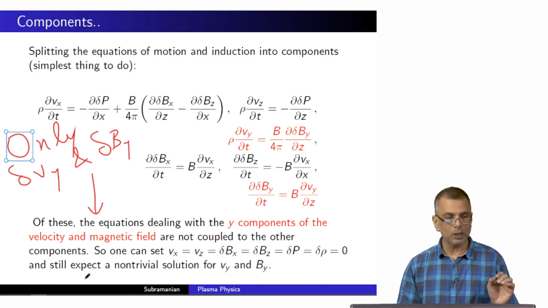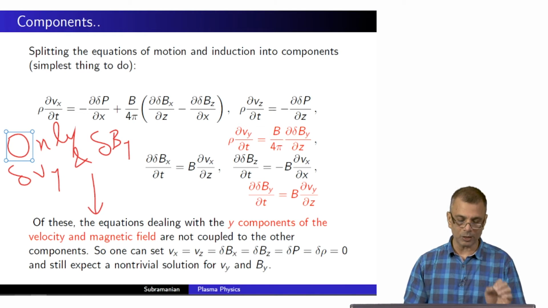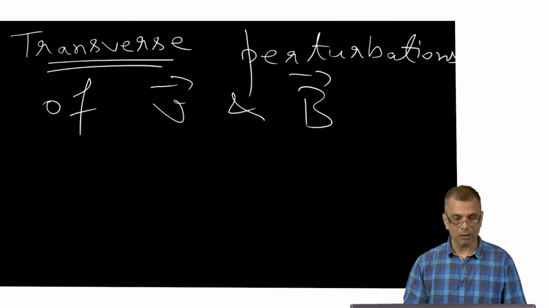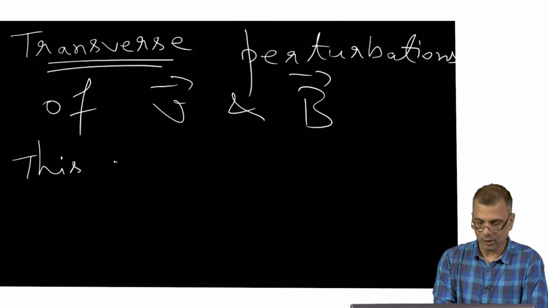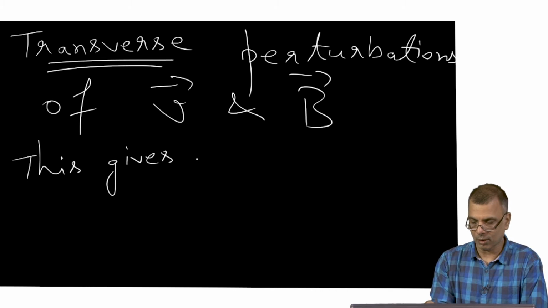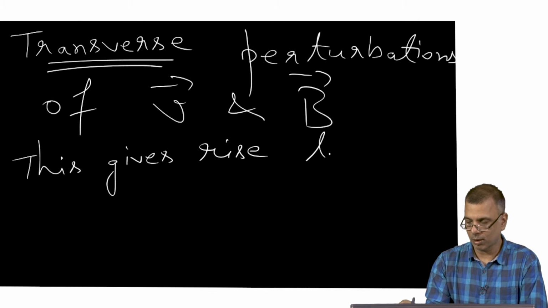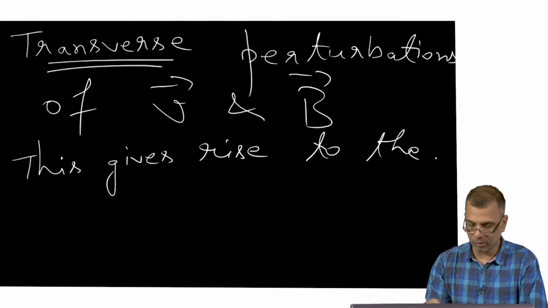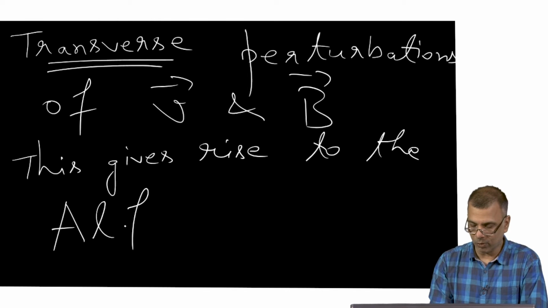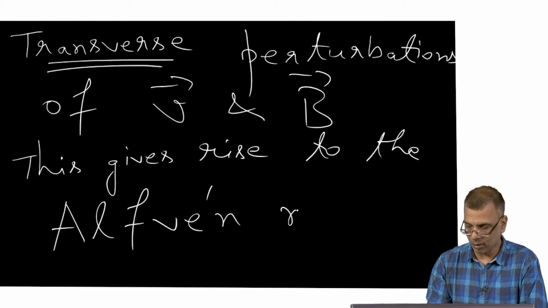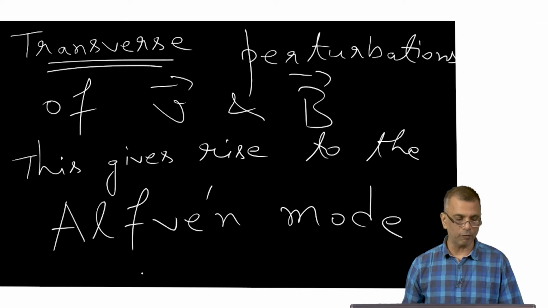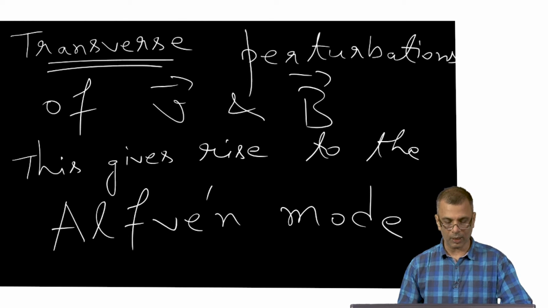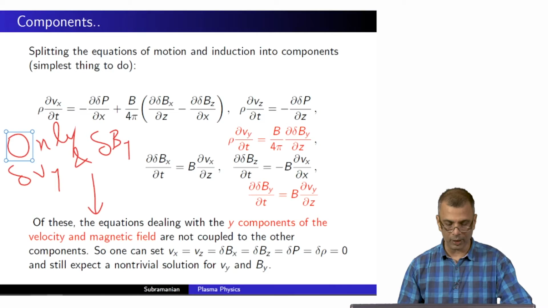So we are considering a mode that arises only from transverse perturbations of V and B. This gives rise to the Alfven mode. This is a very important mode of wave propagation, and let us now go ahead and see what the properties of this Alfven mode are.